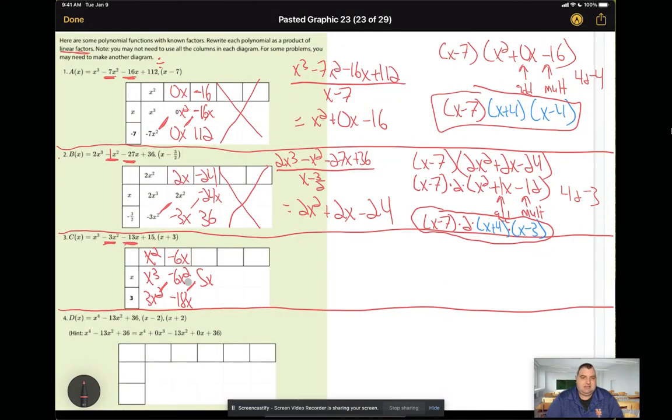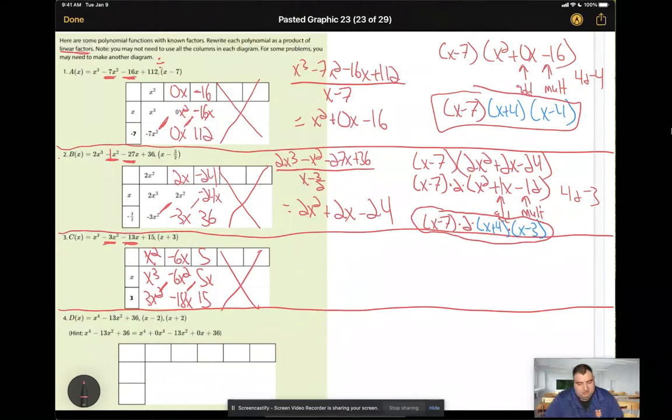Because negative 18 plus 5 is negative 13x. So now I can do the third column. So x times what is 5x? That's going to be x times 5. X times 5 is 5x. 3 times 5 is 15. I'm down to my constant terms, so I'm done.